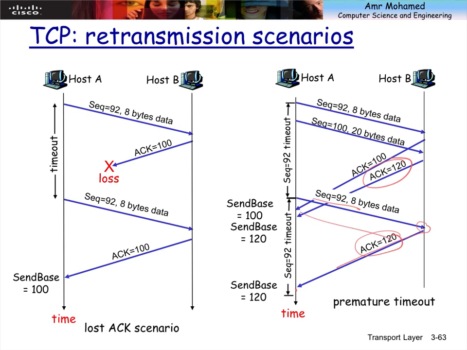So I don't have to send the other one. See how we avoided the Go-Back-N scenario? Here we used one timer, and we didn't have to retransmit all the segments in the window, similar to Go-Back-N. So we used some kind of mixed approach.